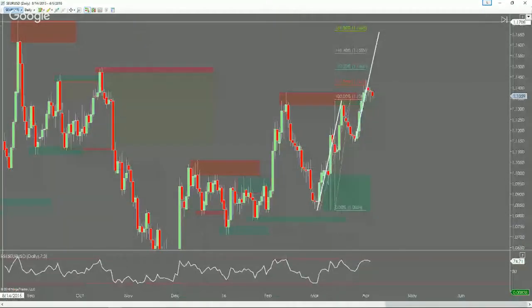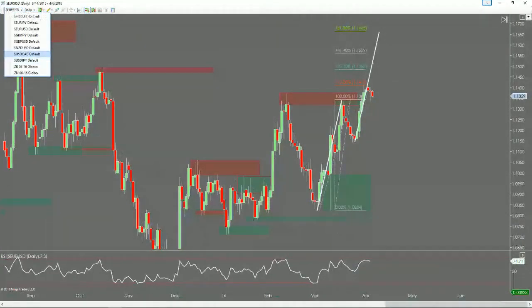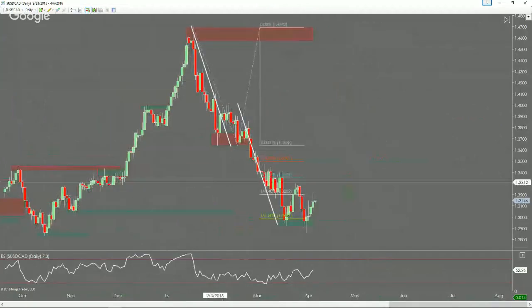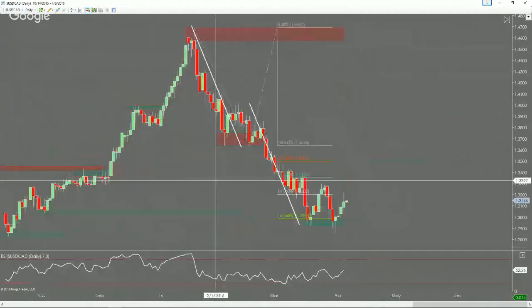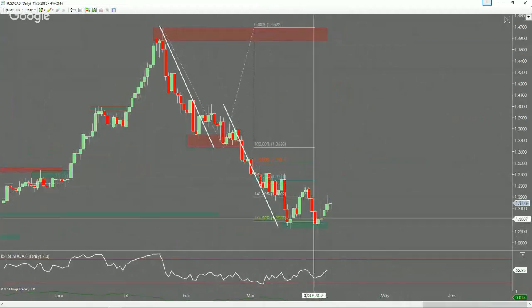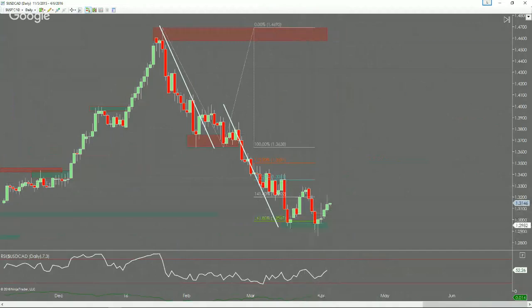So let's go ahead and go to CAD. All right, we still have this same thing that we identified last week, that termination point right there with a double bottom. Now price did make that double bottom and had that divergence.